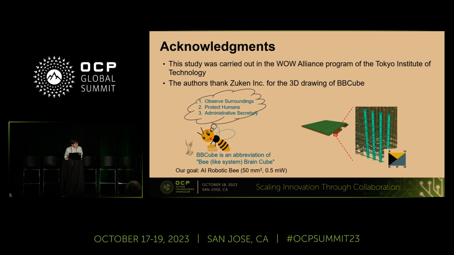HBM2E has been out for a while, and HBM3, several variants are on their way. How would you compare yourself to HBM3? I think BBCube can offer higher density TSV, like now 10 micron pitch, but 5 micron or 2 micron is available, I think.